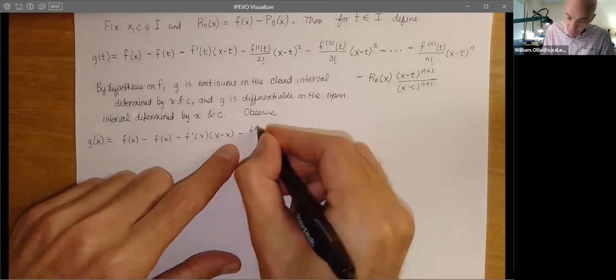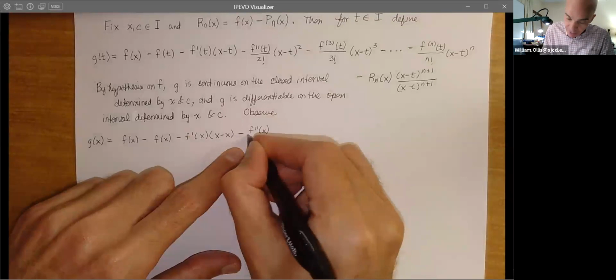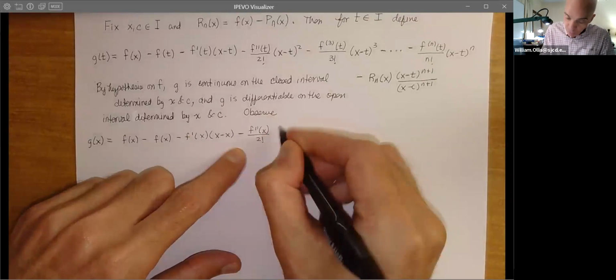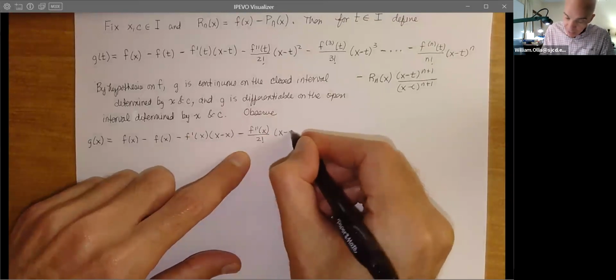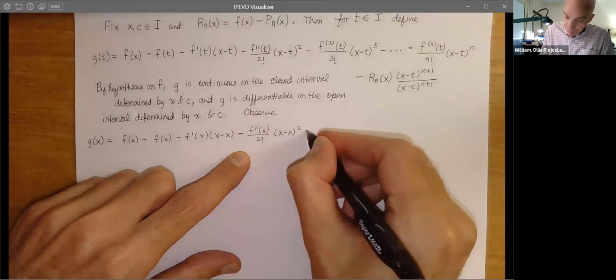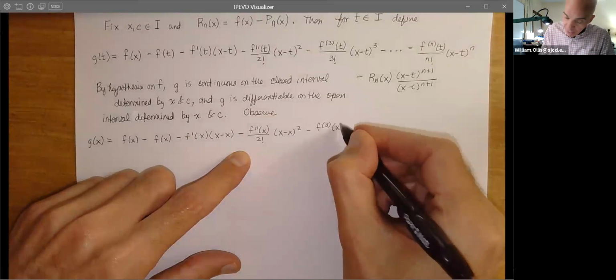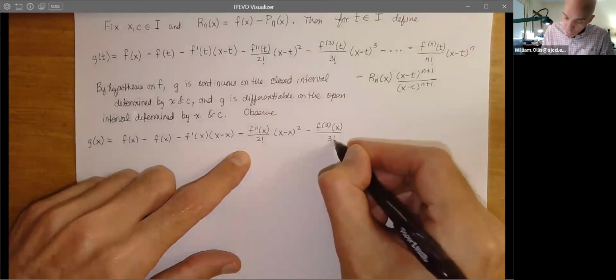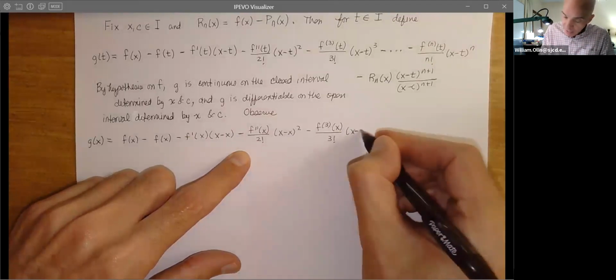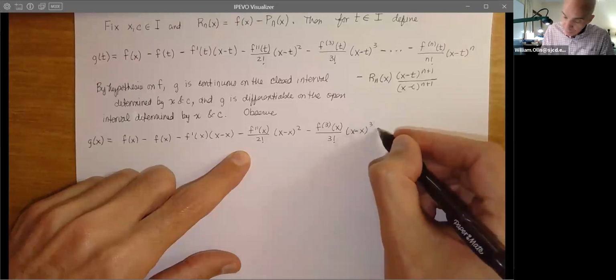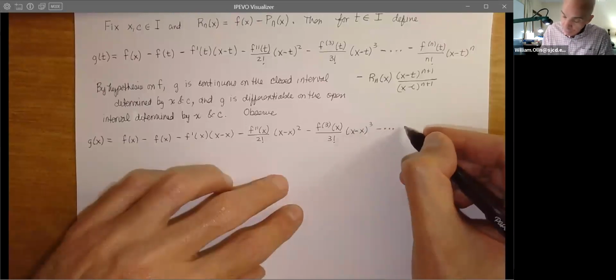Minus f double prime of x divided by 2 factorial, x minus x squared, minus third derivative of x over 3 factorial, x minus x to the third, and bump on down.